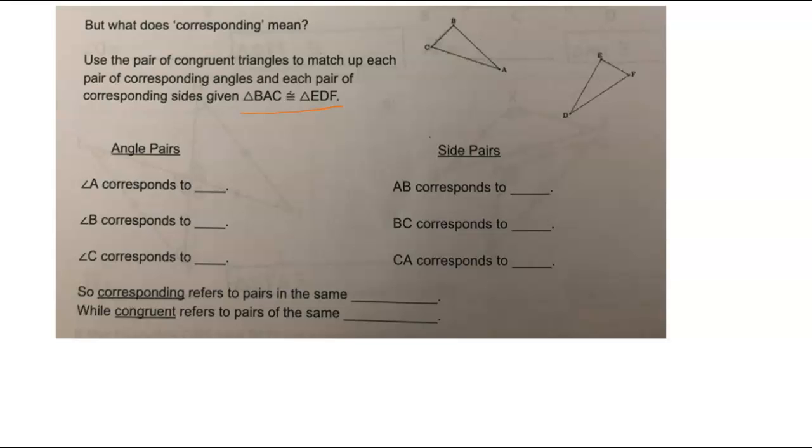Notice that angle A is in the middle, and what's in the middle is angle D, so those two match up. Nothing was given to us on these triangles. Angle B is the first letter, so it matches up with angle E, and finally, C matches up with F.